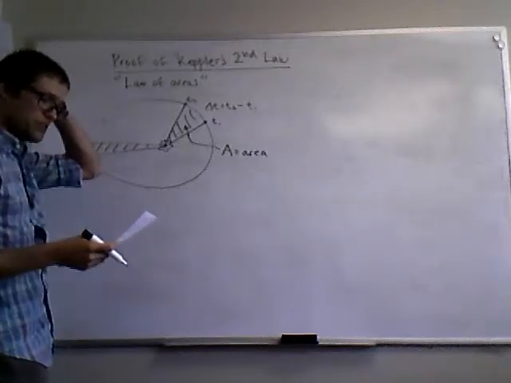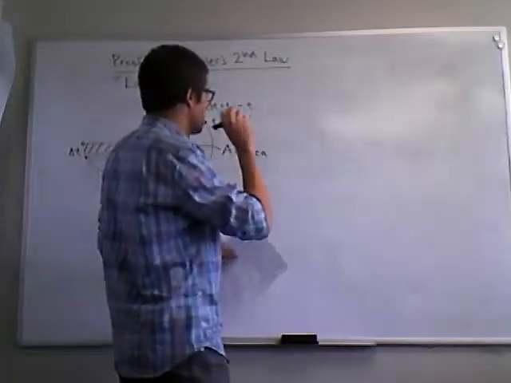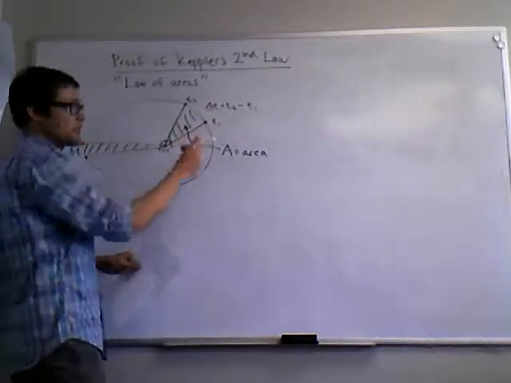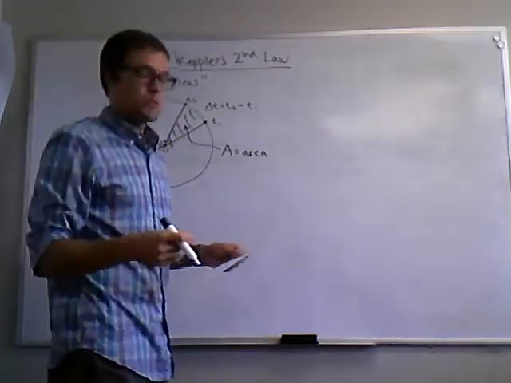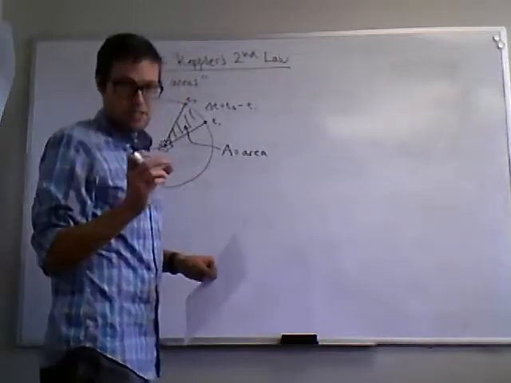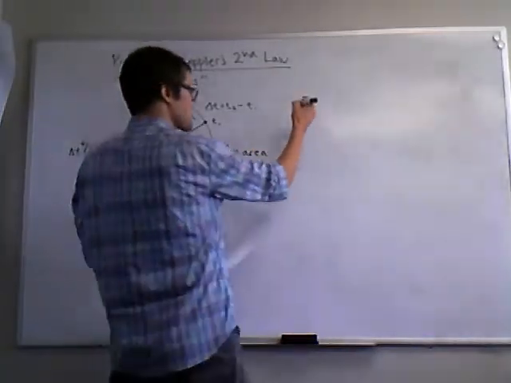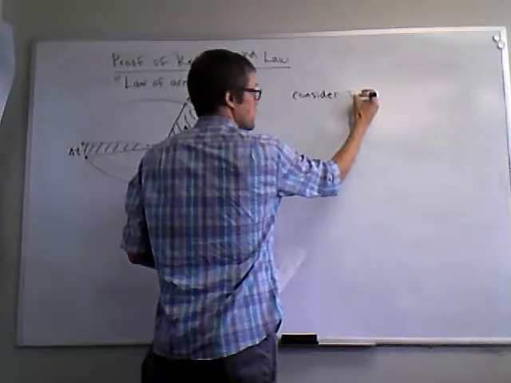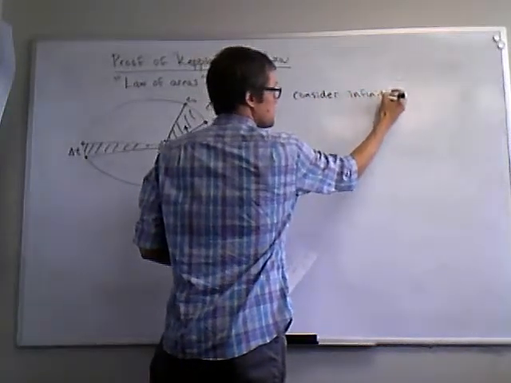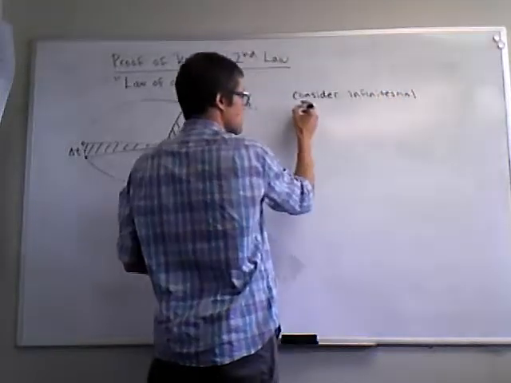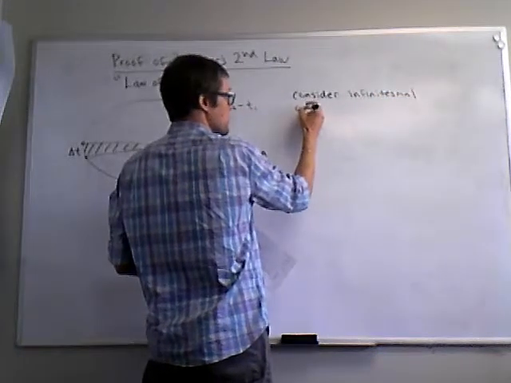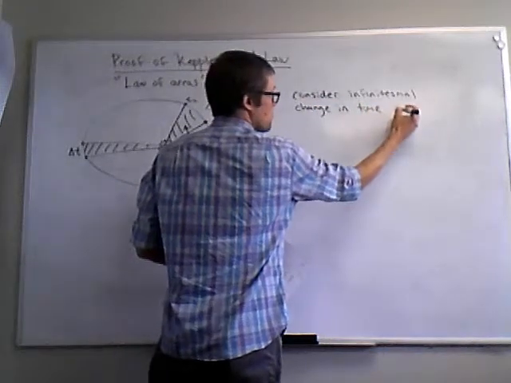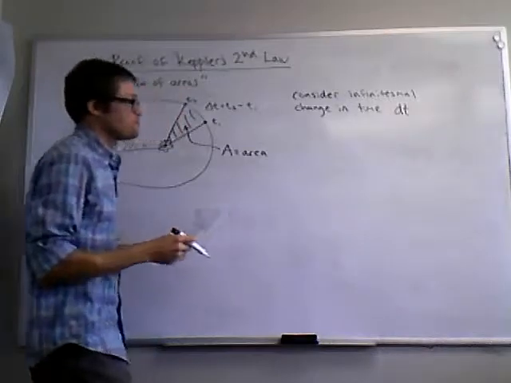Okay, so the way we're going to do that is consider a short time. Right now I was imagining a rather large chunk of time, delta t, but to prove this we're going to consider an infinitesimal, that is, very small change in time, dt.